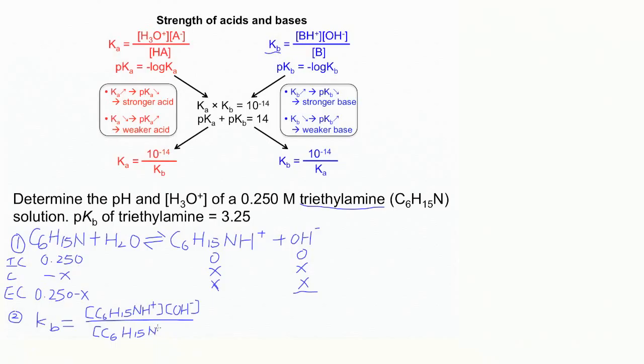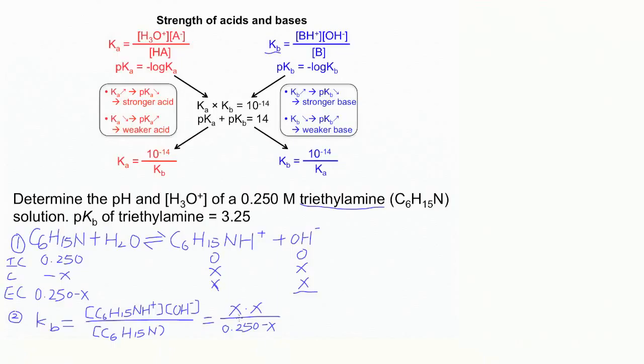We've already expressed the equilibrium concentrations for the 3 species, so what you need to do is just plug them in. x times x on the top and 0.250 minus x at the bottom.